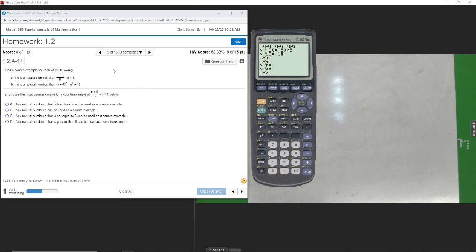And I want to look at the table, so I'm going to do second graph, and see if these two are ever equal. Okay, so starting with 1, that's the first natural number. I'm looking at these two values, Y1 and Y2, and as I go down these columns, you can see that it's not equal anywhere.